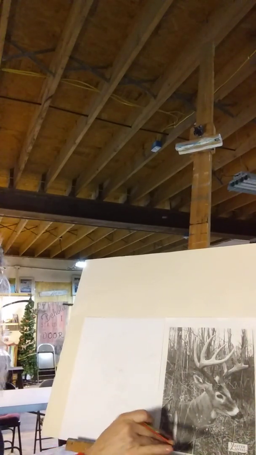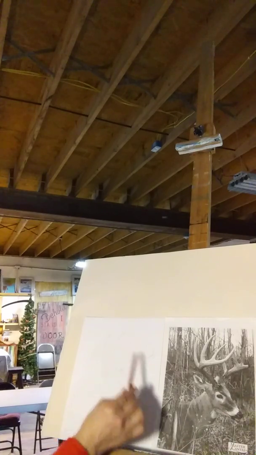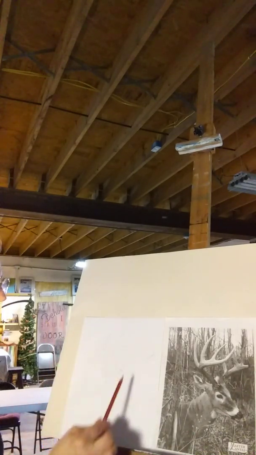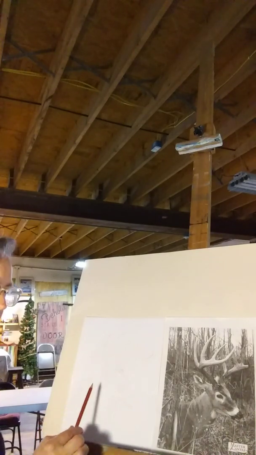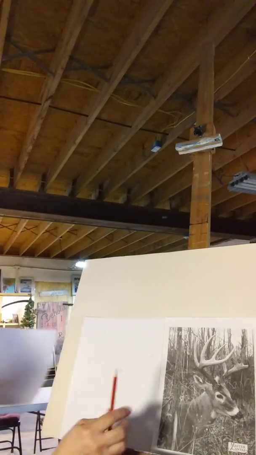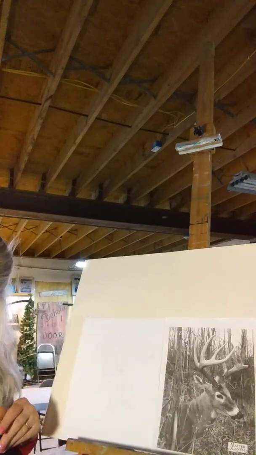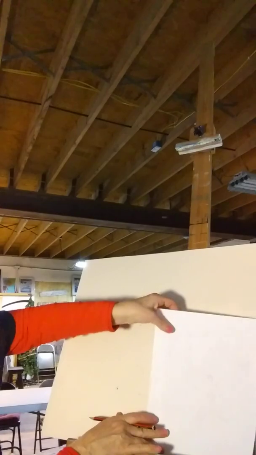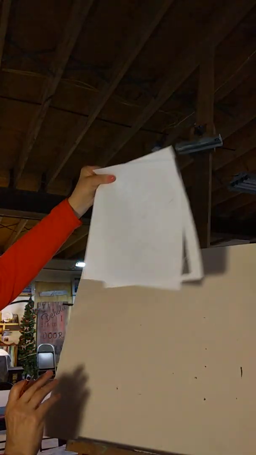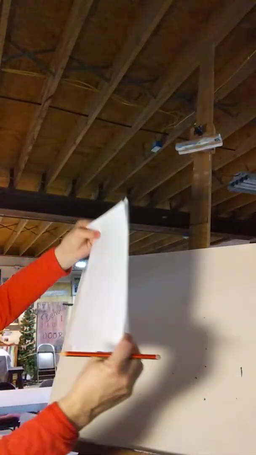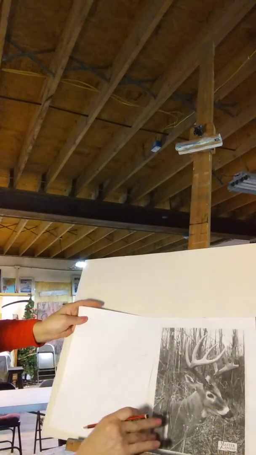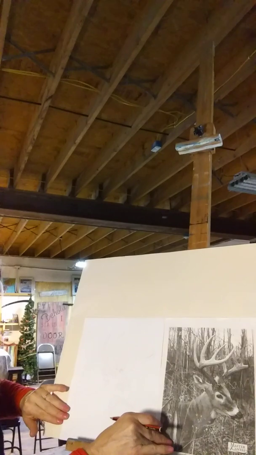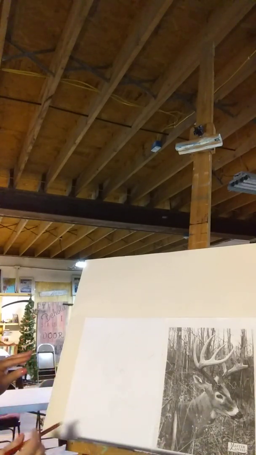Okay. One way to do this, if it's too difficult for the child to be able to understand the spatial value, if you want to place the photographic reference underneath the computer paper and then place it on a window, they would be able to trace just the outline and then go from there. Now, hopefully that's correct in setting that up.